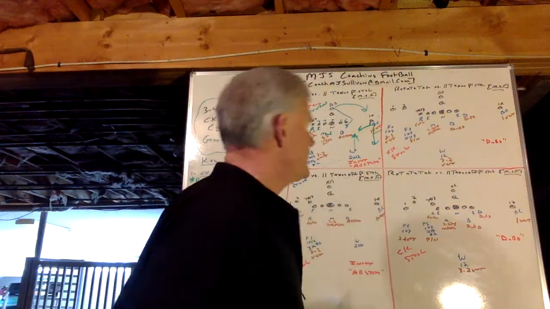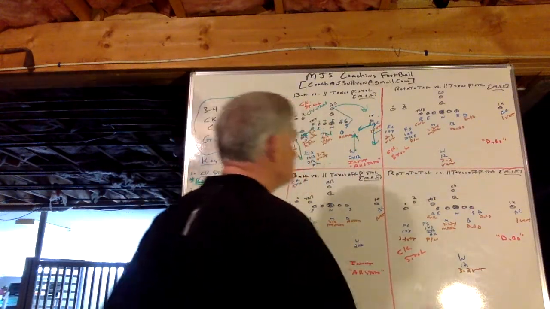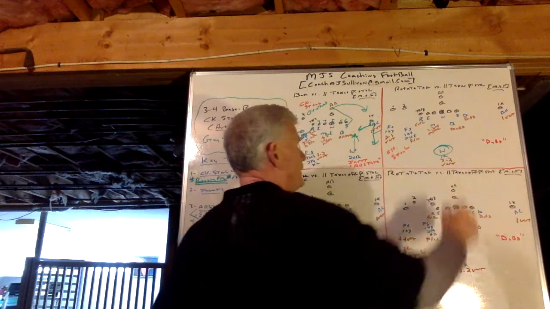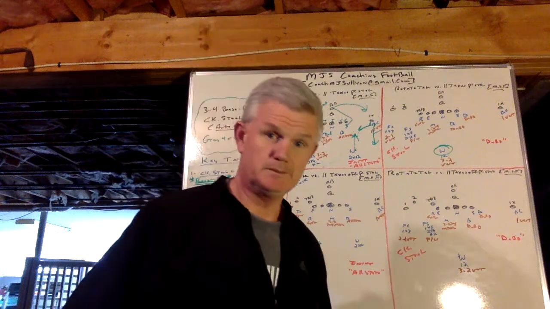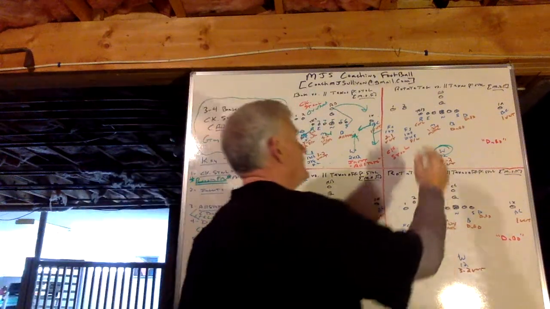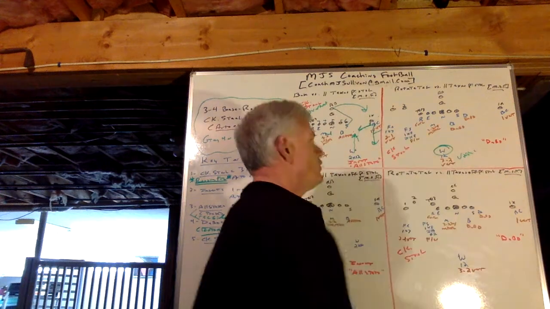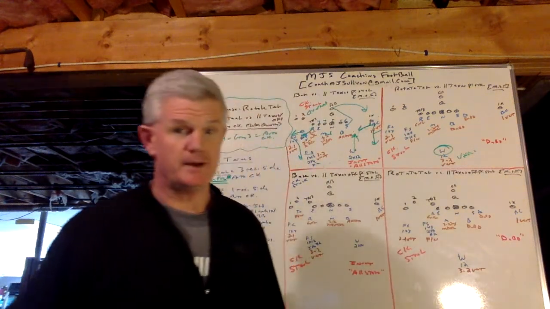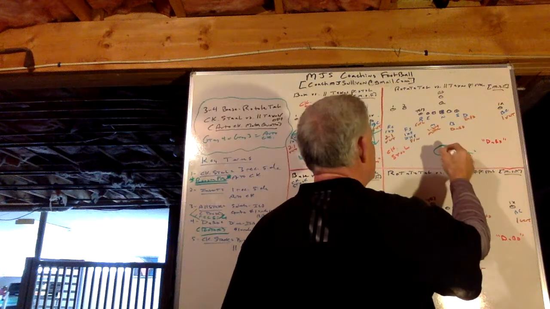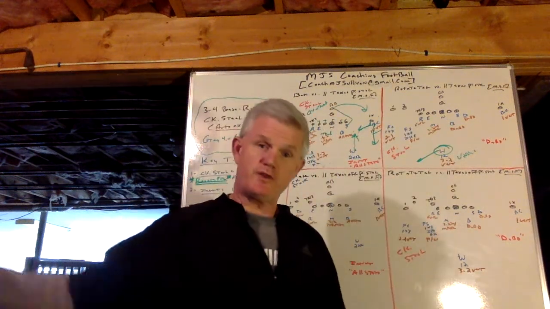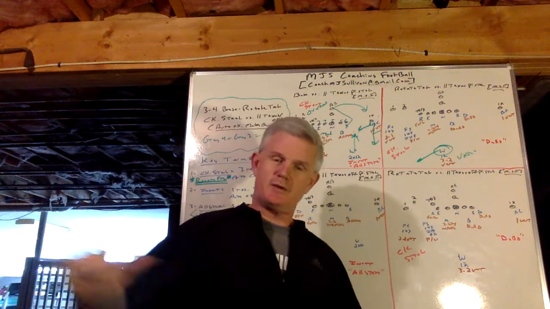So now we could still play check stack. Corner's still 2-1. Now the middle safety's playing 3-2 vertical. He's still making a Virginia call, telling the corner, you're on your own with number one. He doesn't say anything. He's reading number two. So if he sees two's vertical, he's screaming Virginia.